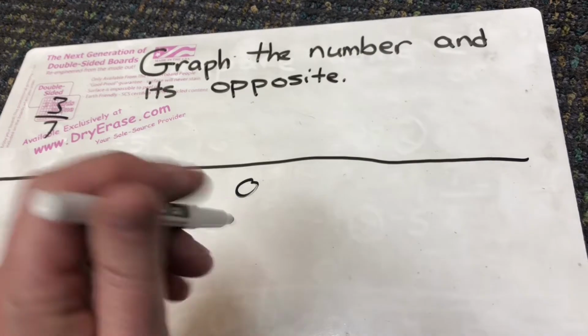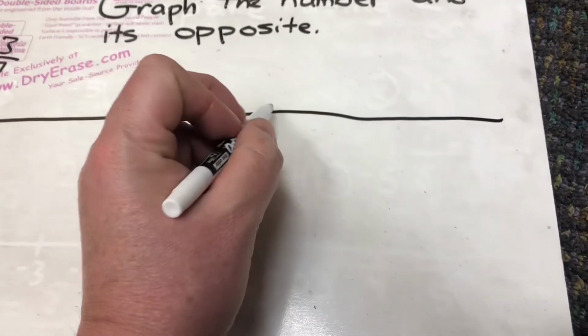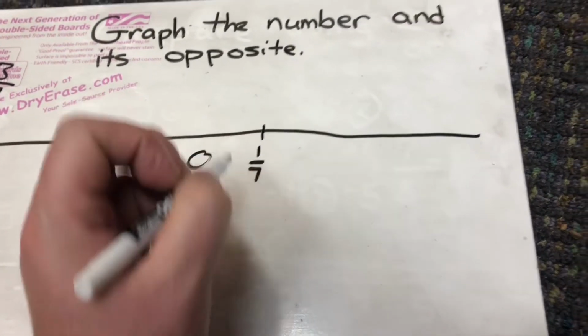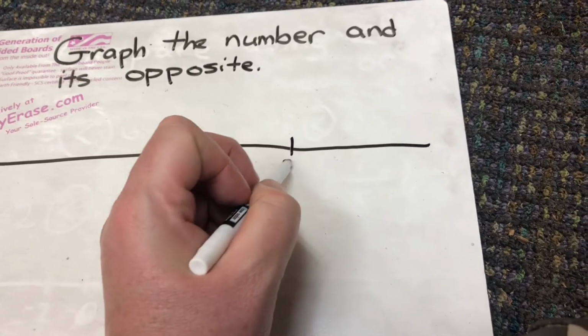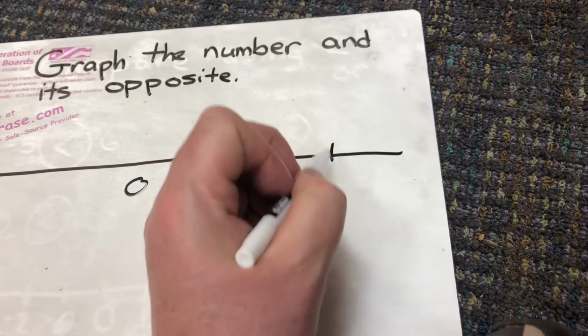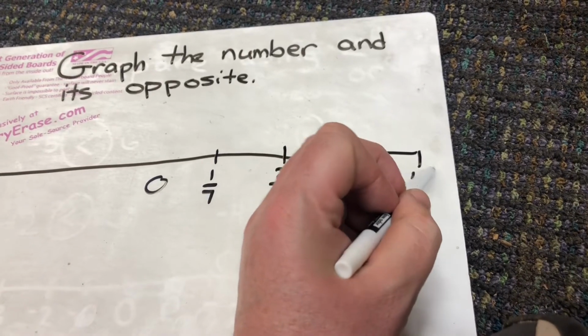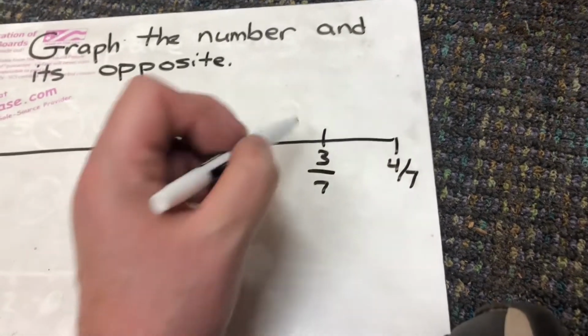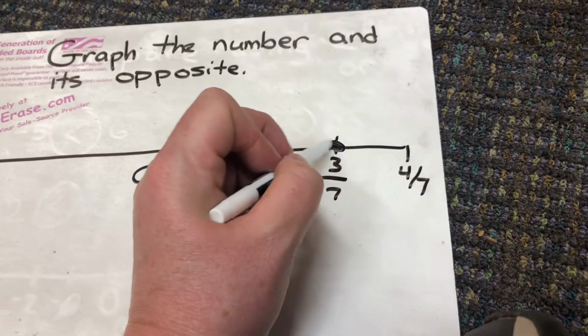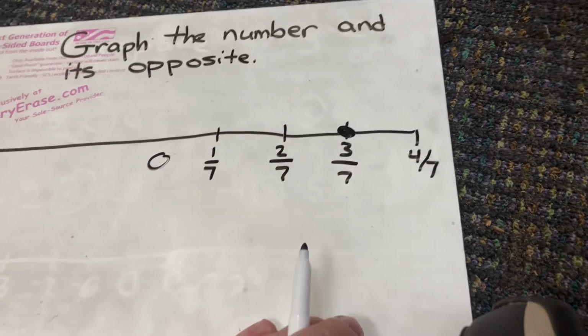So I have 3/7, so I'm going to have 1/7, 2/7, 3/7, and we'll go ahead and end with 4/7. 3/7 is what needs to be graphed, so we'll fill that in right there.